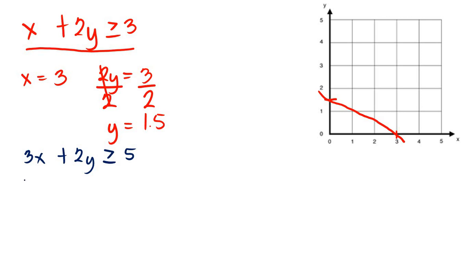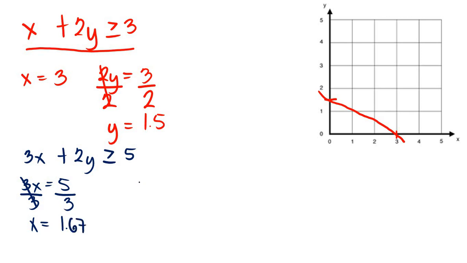So 3x is equal to 5. We divide both sides by 3. And then we cancel 3. So x is 1.6666, or x is equal to 1.67.